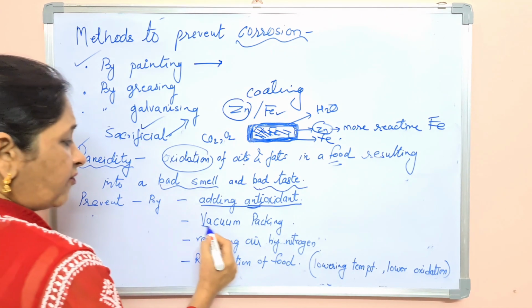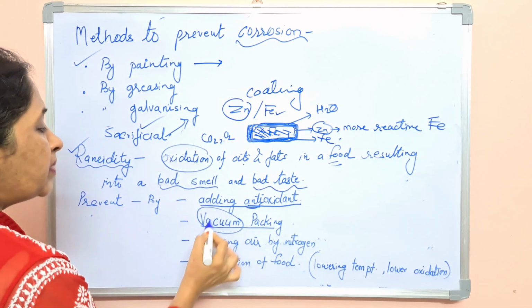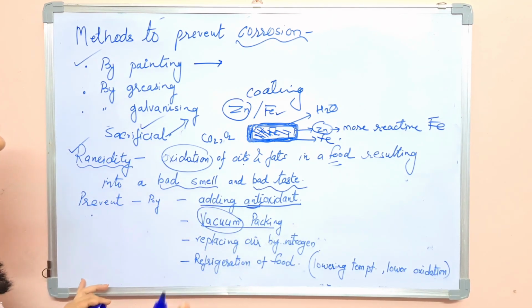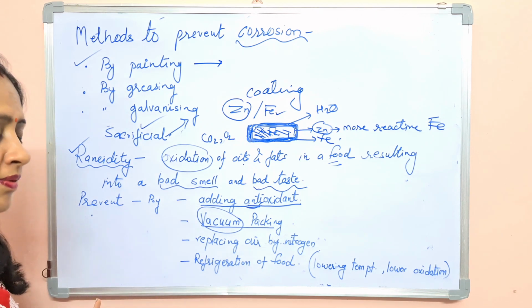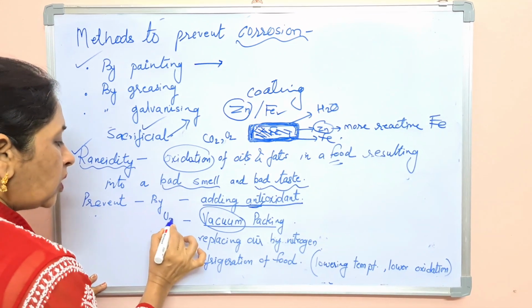Next, you can remove the oxygen from the packet and add nitrogen to that packet, and that nitrogen prevents the oxidation. Next method is vacuum packing. Vacuum is what? Nothing is present. Air is also not present. So vacuum packing means completely vacant. If nothing is present, oxygen is also absent.